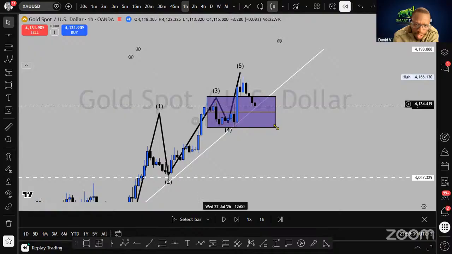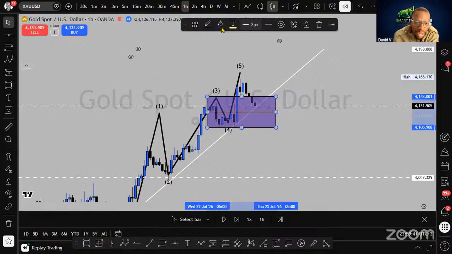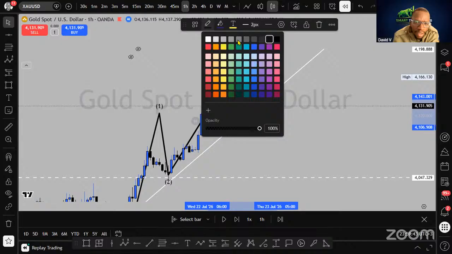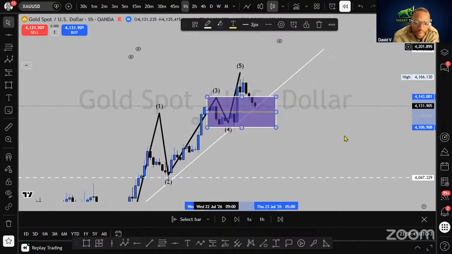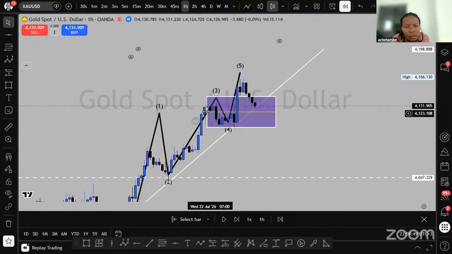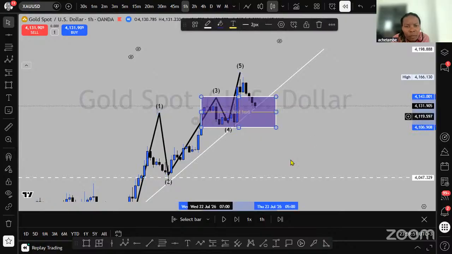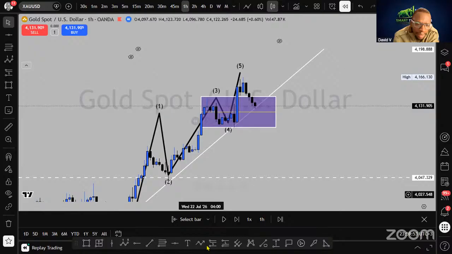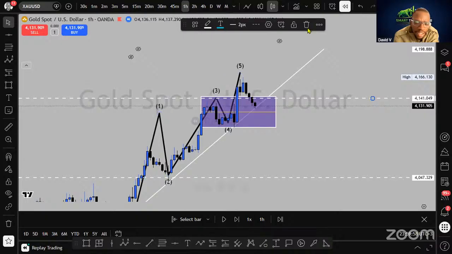Let me change my box line to white, because I want you to see one thing. You can actually see my neckline for the first is here.